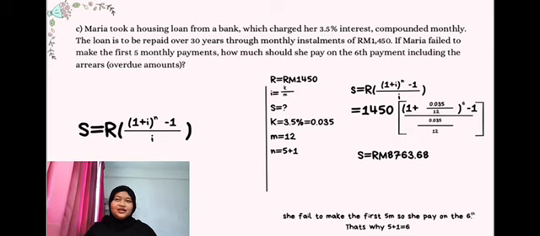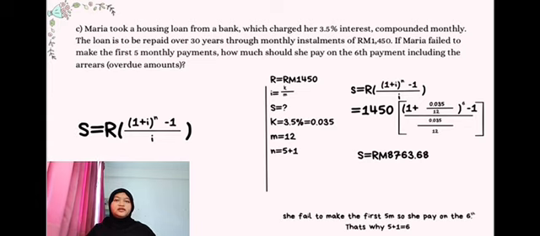For this question, we use the S formula, S = R[(1 + i)^n - 1]/i. We should find the S value.